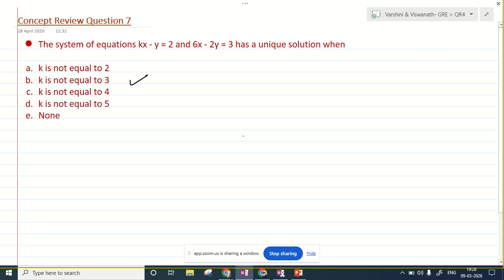Yeah. No, this one. What is that? This, so K is not equal to 3, is it? How did you solve it? What is A1? K. What is A2? Not equal to minus 1 by minus 2. Correct. So K must be not equal to 3.